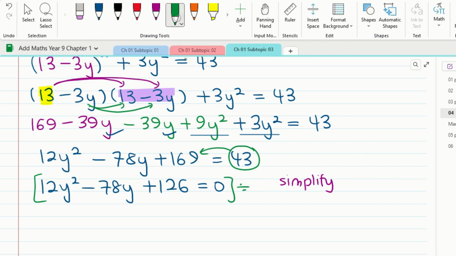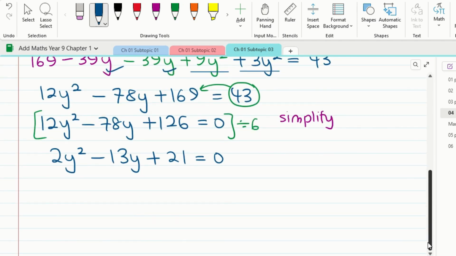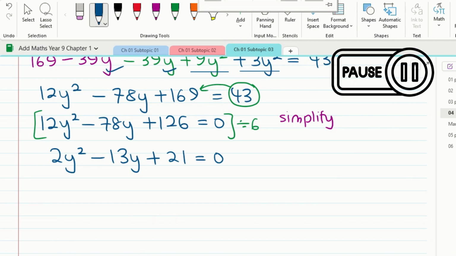Excuse me, the 12, 78, and 126 are multiples of 6, so divide everything by 6. You have 2y squared minus 13y plus 21 equals 0. For this one, I will let you continue by yourself. I will pause the video and you may check later.